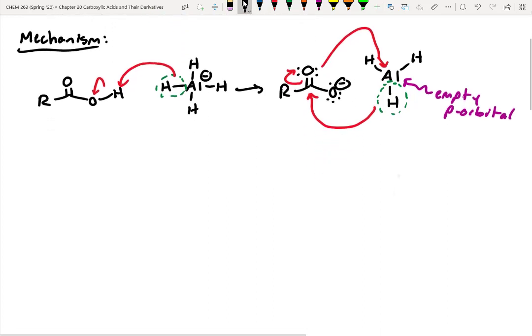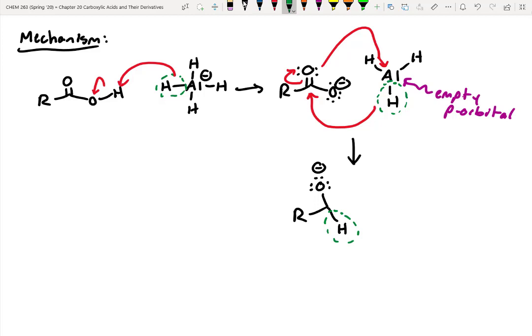As you can see, it looks different from our aldehyde reaction. All right, our next intermediate, we've got this oxygen with a negative charge sticking up. We've got our new hydride that was added in, kind of sticking down right here. And we've got our prior oxygen that was over here.